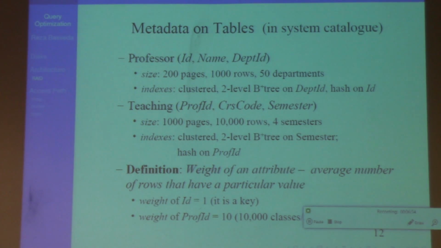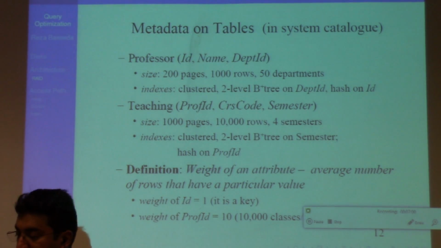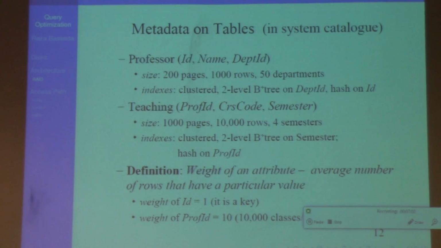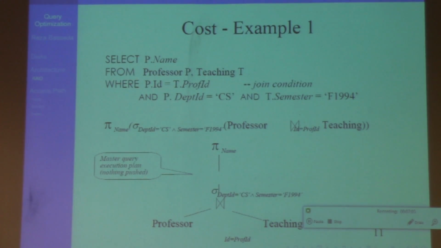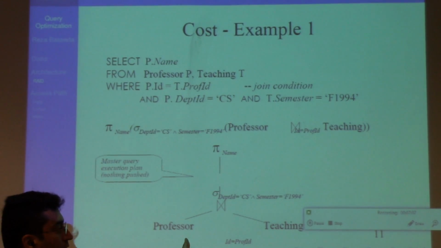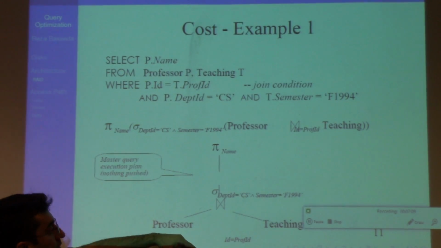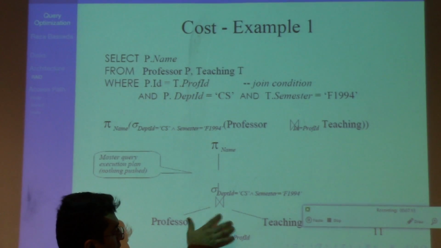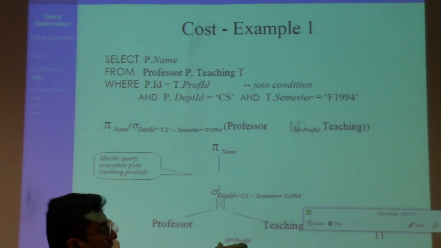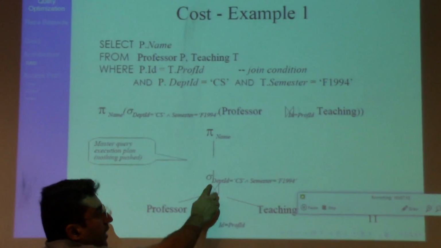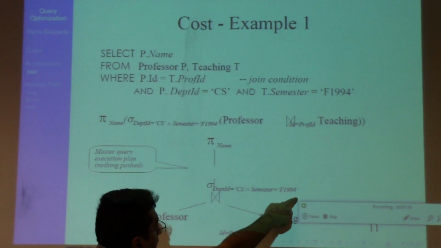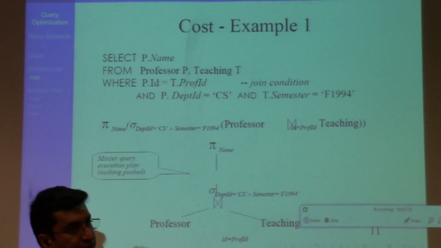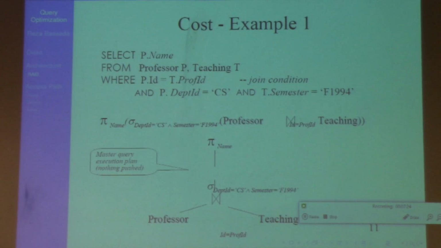So, okay, now we want to estimate the cost. I go back, this is the execution plan. This execution plan shows that first compute this natural join between teaching and professor based on ID and professor ID being equal. Then select from these 2 conditions and then project the name. Right?